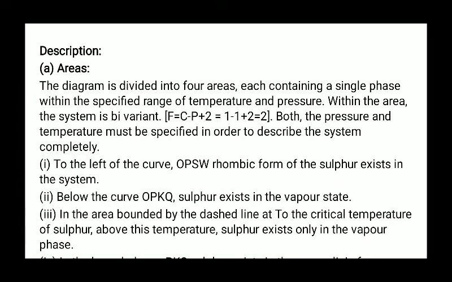Rhombic form of the sulfur exists in area OPSW. Below the curve OPKQ, sulfur exists in the vapor state, in the area bounded by the dashed line at T0, the critical temperature of sulfur. Above this temperature, sulfur exists only in the vapor phase.